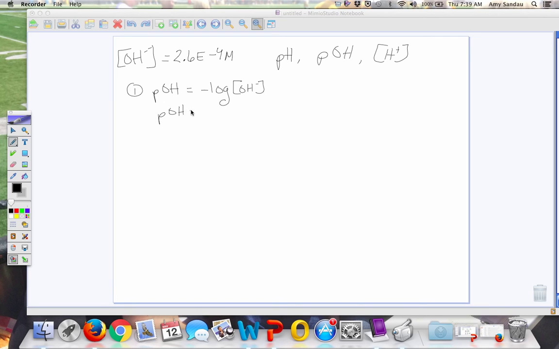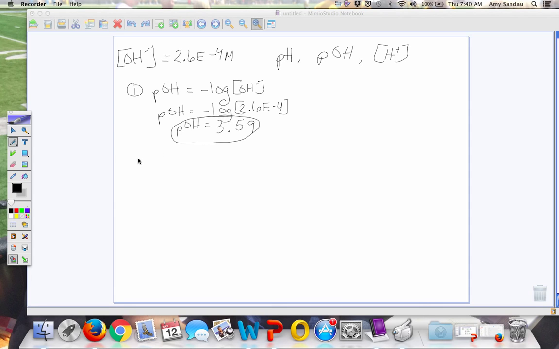So pOH is equal to the negative log of 2.6 E negative 4. When you put that into your calculator, you get a pOH of 3.59. So that's our first answer.